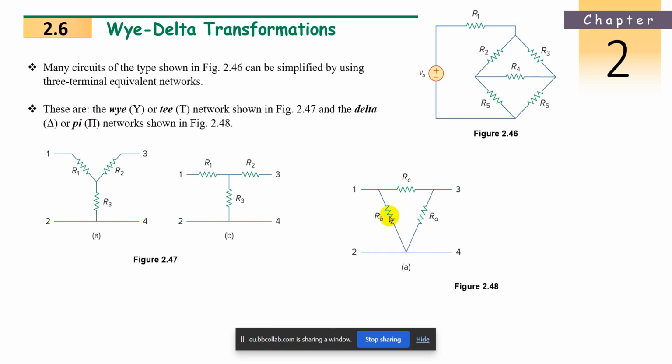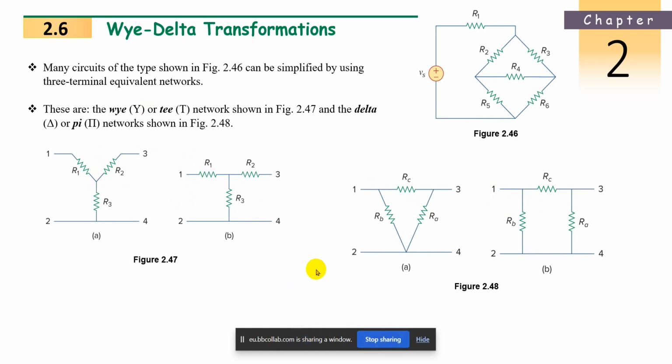Just stretch this RB toward the 2 side and this RA toward the 4 side, then it becomes pi. You move RA to the left side and RB to the right side like this. Then it looks like a pi network. So that is why Y and T networks are the same, and delta and pi networks are the same.